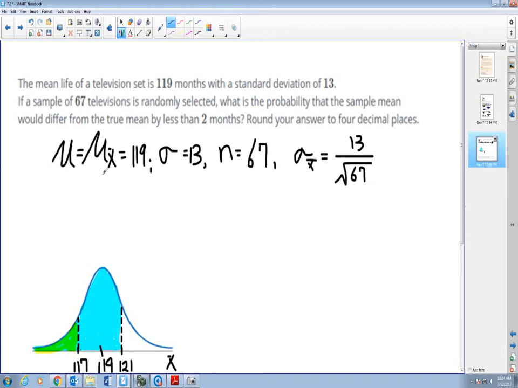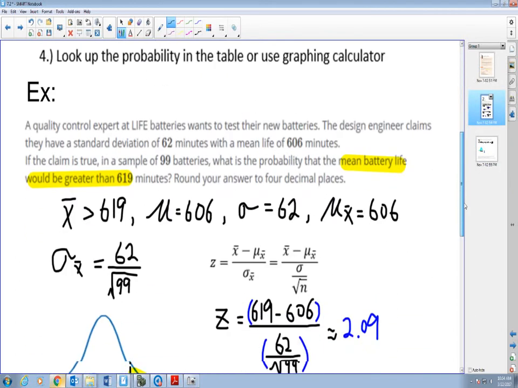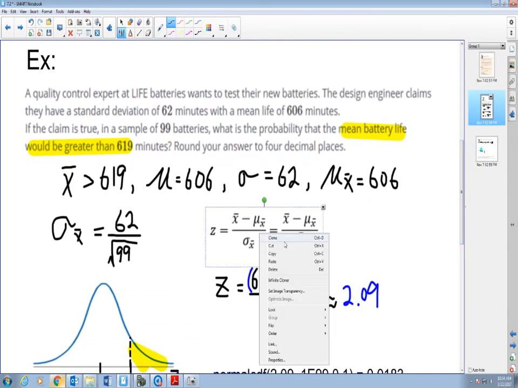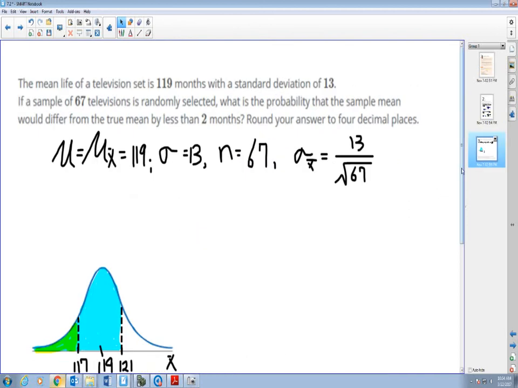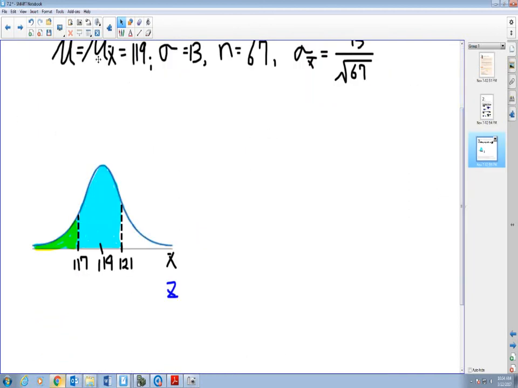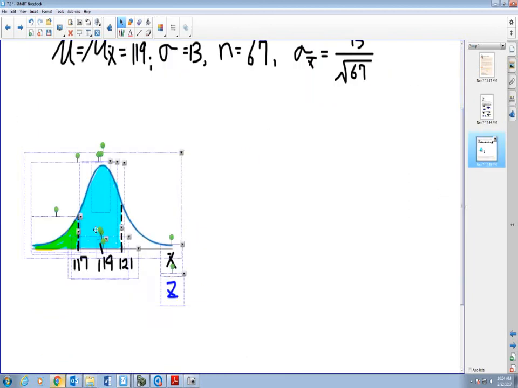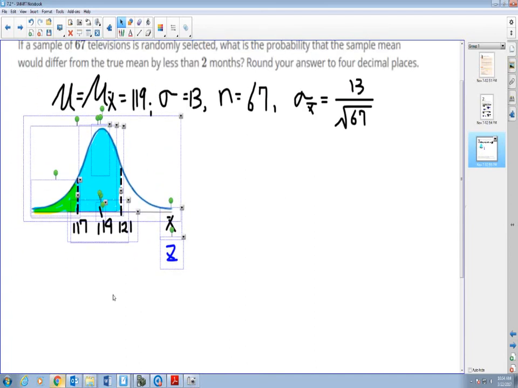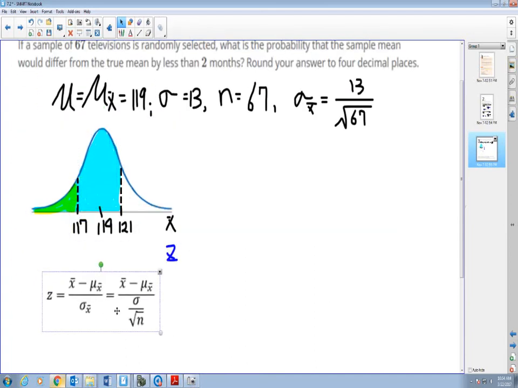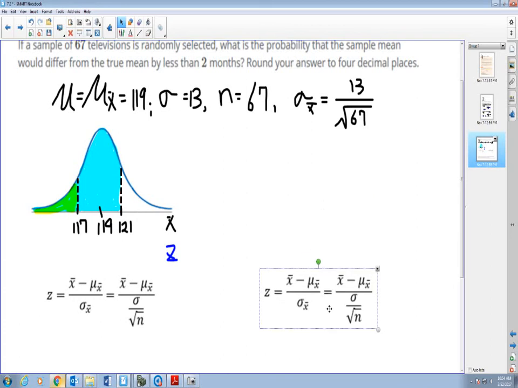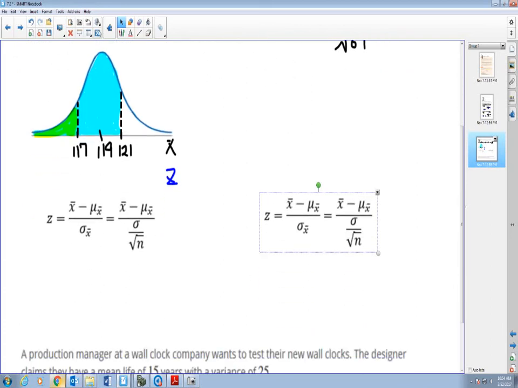Okay, so we have 2 values of X bar to convert. So let me bring my formula back again. I'm going to move all these up slightly. So I'm going to do it down here, one here, one here. Everything will be the same except what the X bar is.